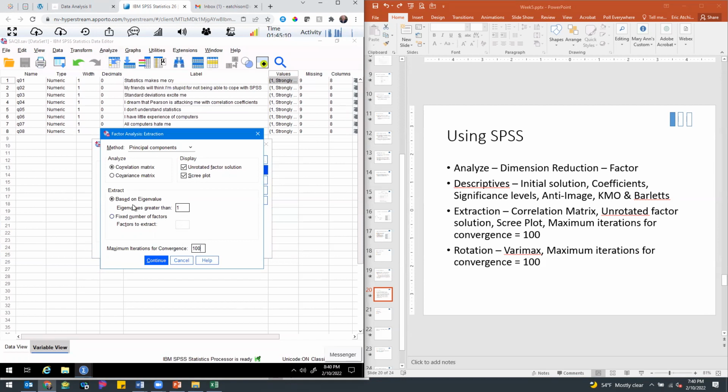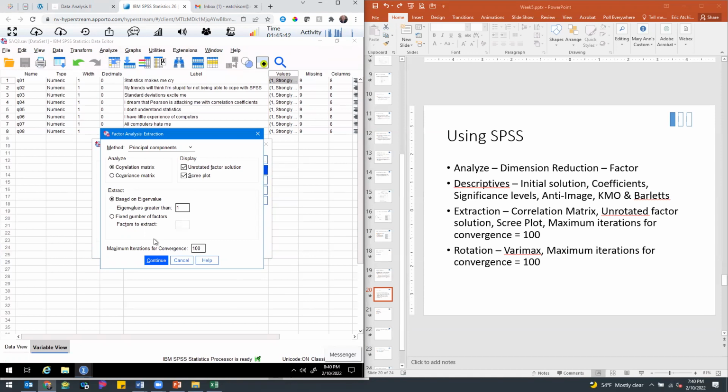The extract is based on the eigenvalue greater than 1, or you can tell it a fixed number of factors to extract. Going back into theory, if your questionnaire in theoretical terms should have 4 factors, and the 4th factor has an eigenvalue of less than 1, if you tell it to pull 4, it's going to pull 4, right?